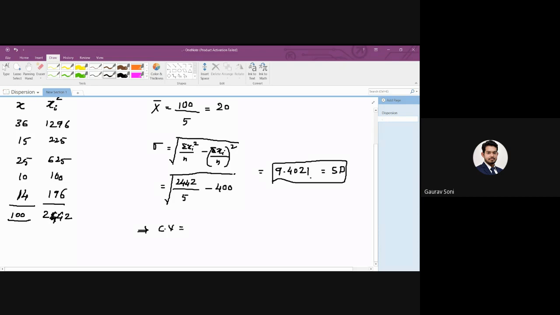So coefficient of variation is sigma divided by x bar, which is 20, into 100. So coefficient of variation is 47.01.